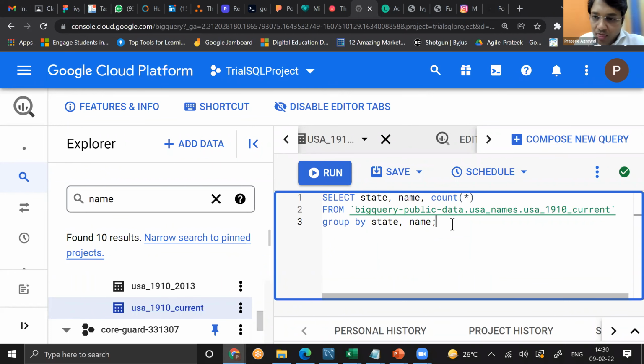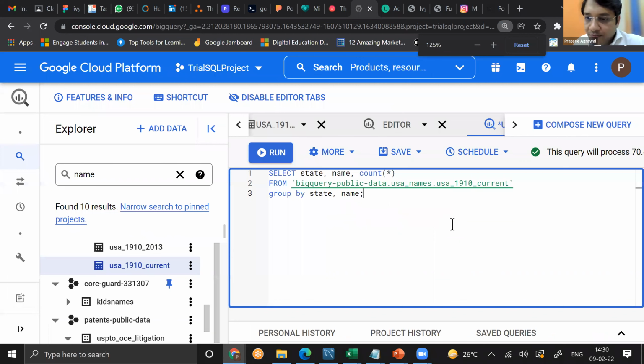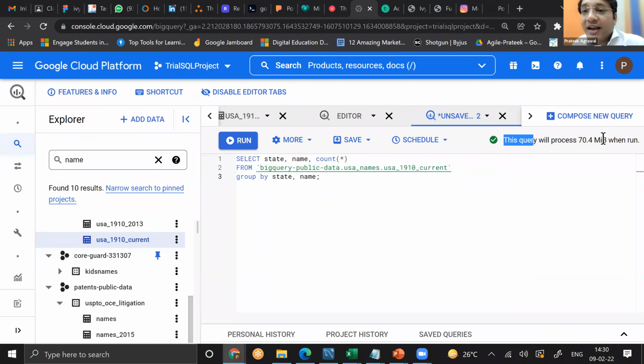If you notice here on the top, do you see this here? It says this query will process 70 MB of data, megabytes of data, when run. Now, in these cloud platforms, when you are running a query on a large database, depending upon how much data it will process, you will be charged for that query.